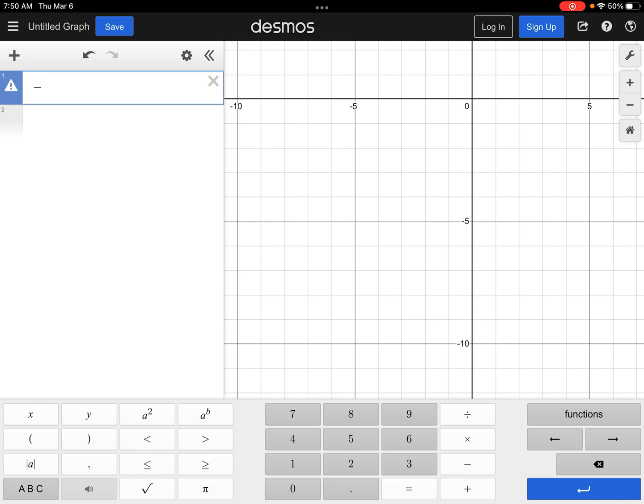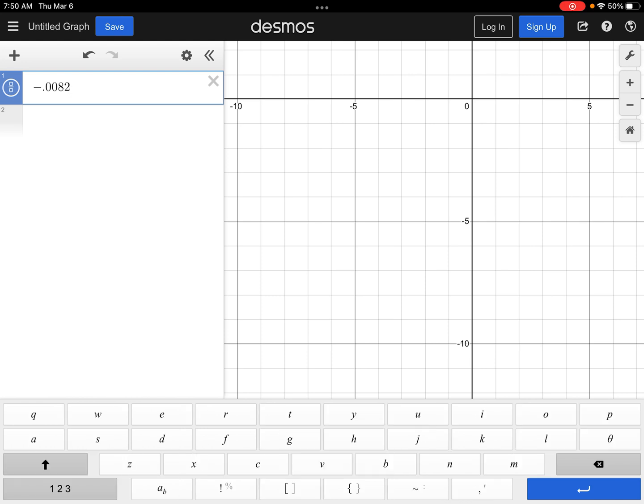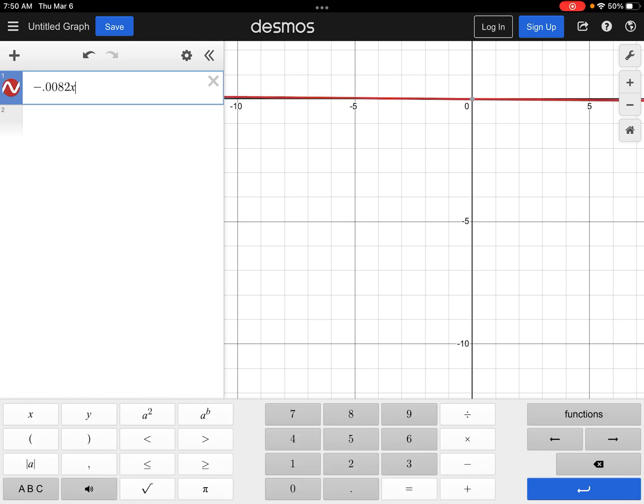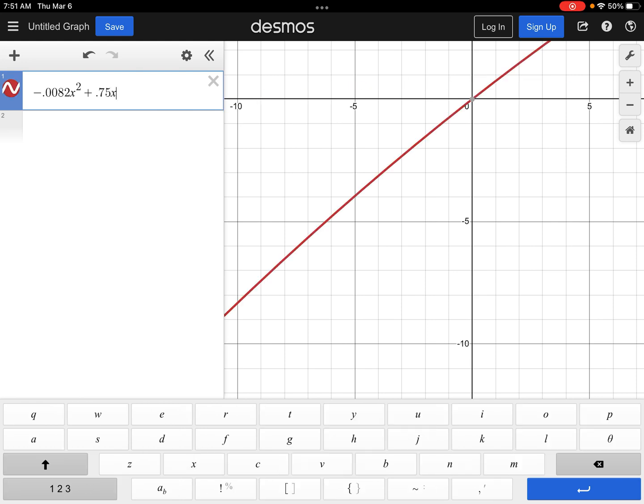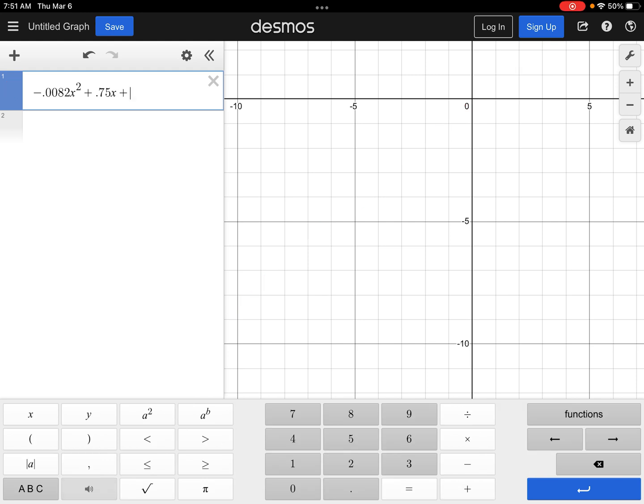So negative 0.008x², plus, what was it? 0.75x plus, and then we had 13.5.